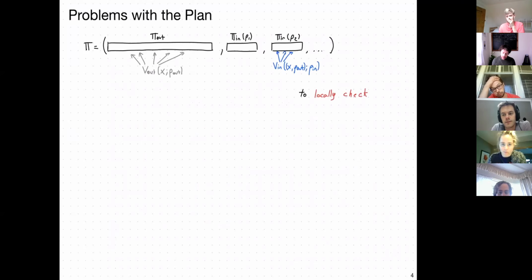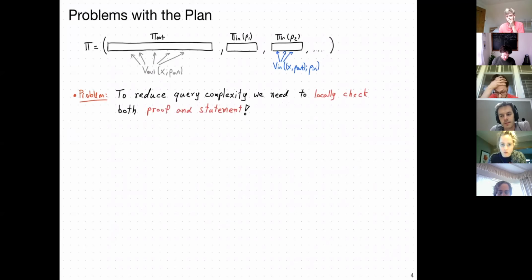Okay. And then, just to continue, after we read all of these points, we'll need to make a small number of queries to the inner proof. And so we didn't really save on the query complexity here, right?